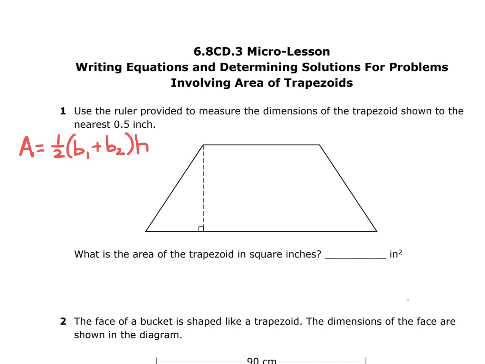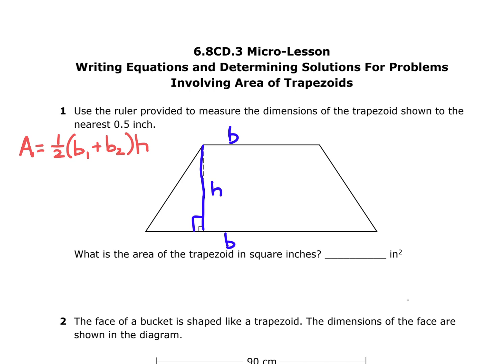Now remember that when you have height, your height is going to be connecting both your bases. So here your height is with your right angle. So this is my height. Your bases are your parallel sides, so the two sides that are parallel. Now, which one is base 1, which one is base 2? It doesn't really matter.